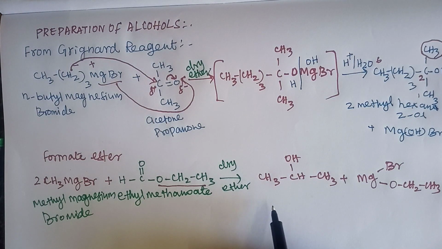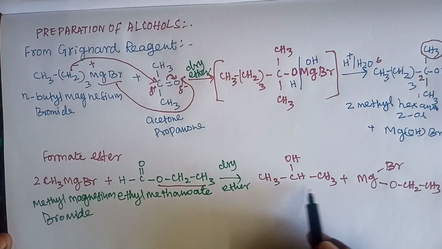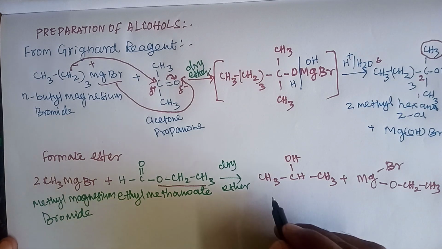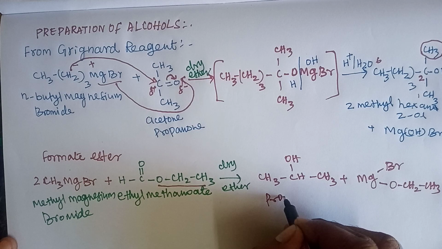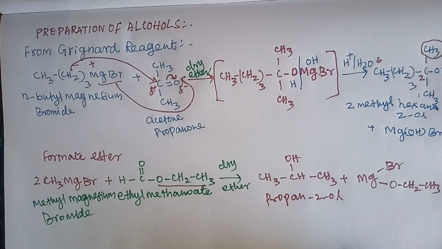So we can prepare secondary alcohol from esters, formate esters. It gives secondary alcohol with identical alkyl groups. The name of this compound is propane 2-ol. So I hope you understand, student.